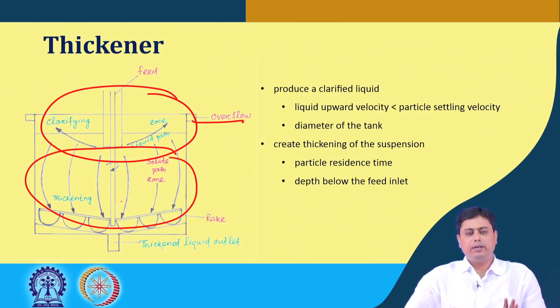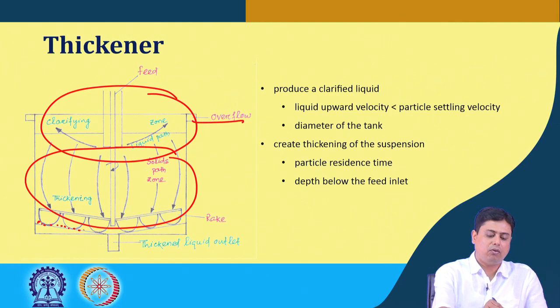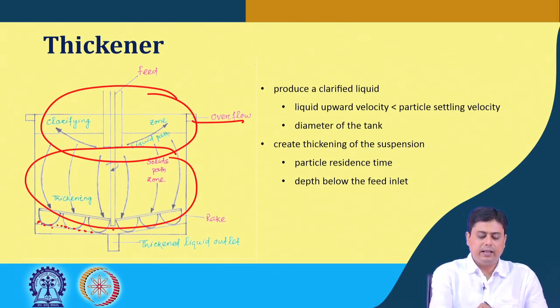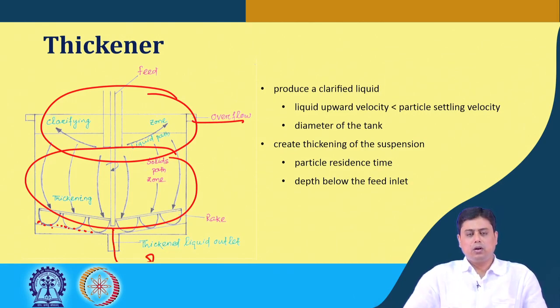It moves at a very slow pace, and it scrapes the sedimented materials that fall on the bottom surface. It helps to collect those sedimented particles, which are taken out from the vessel at a certain point of time, or regularly or continuously. And this thickened liquid basically goes out from the bottom of the vessel as the thickened liquid outlet, or what we call the underflow.